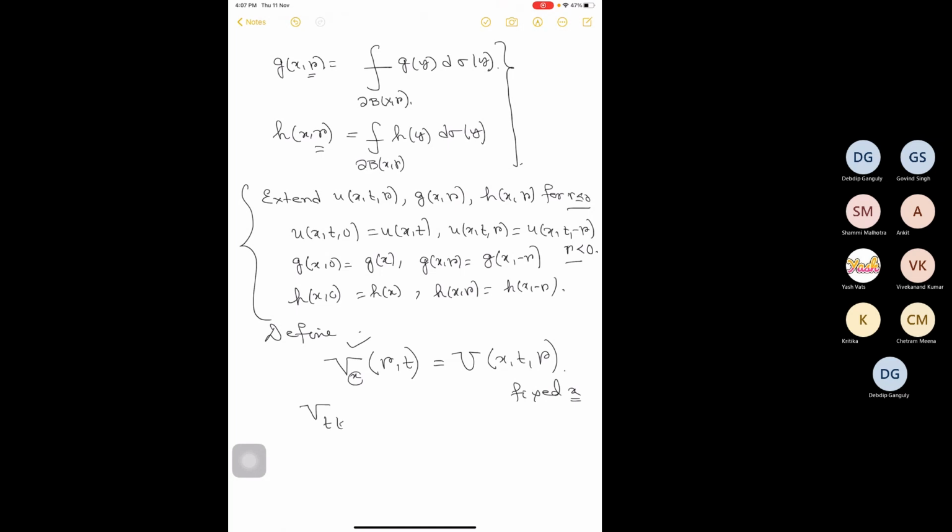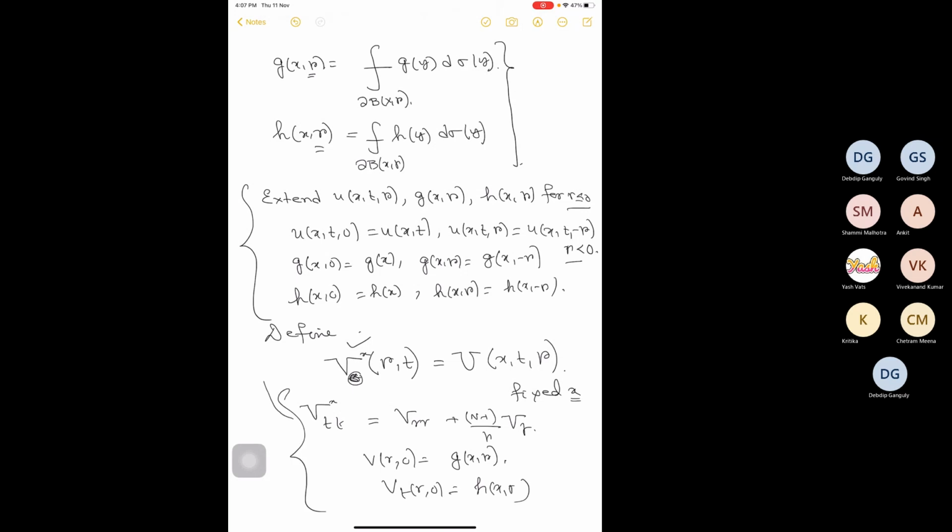This is not a derivative in x, just don't mix it up with that. V_tt is equal to V_rr plus (n minus 1) by r times V_r. V(r,0) is nothing but G(x,r), and V_t(r,0) is H(x,r).